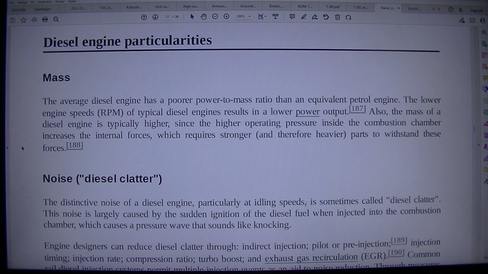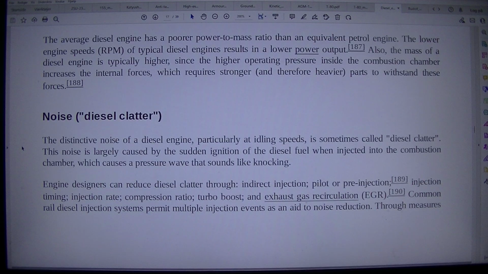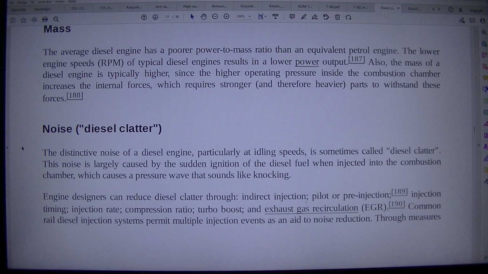Noise, diesel clatter. The distinctive noise of a diesel engine, particularly at idling speeds, is sometimes called diesel clatter. This noise is largely caused by the sudden ignition of the diesel fuel when injected into the combustion chamber, which causes a pressure wave that sounds like knocking.